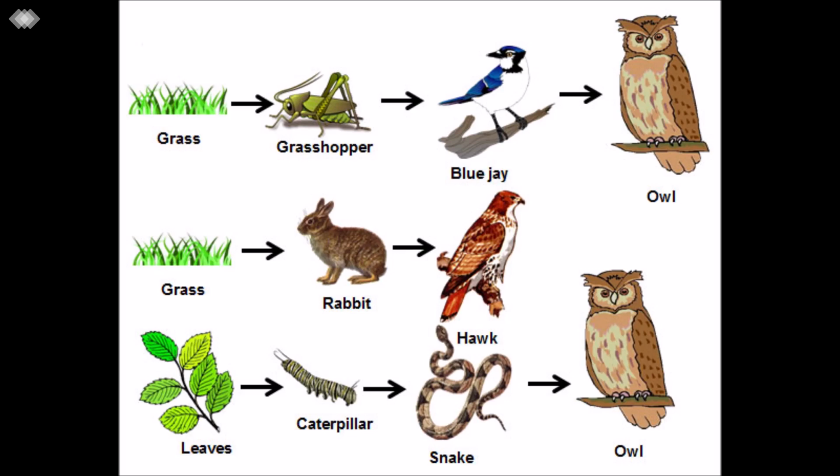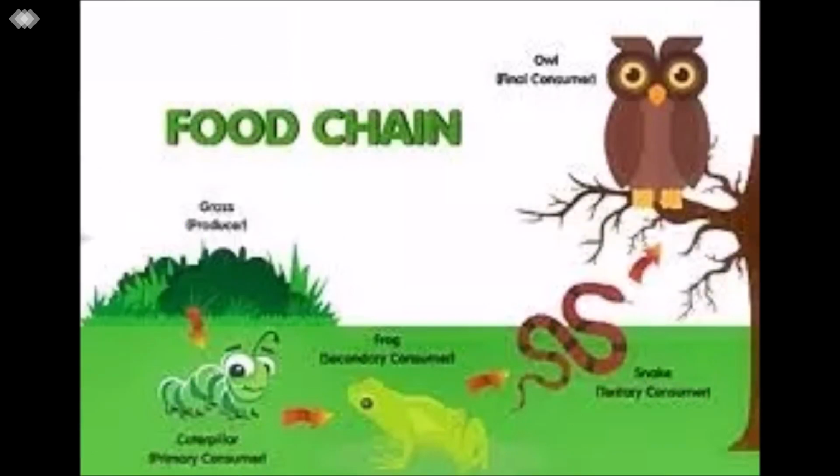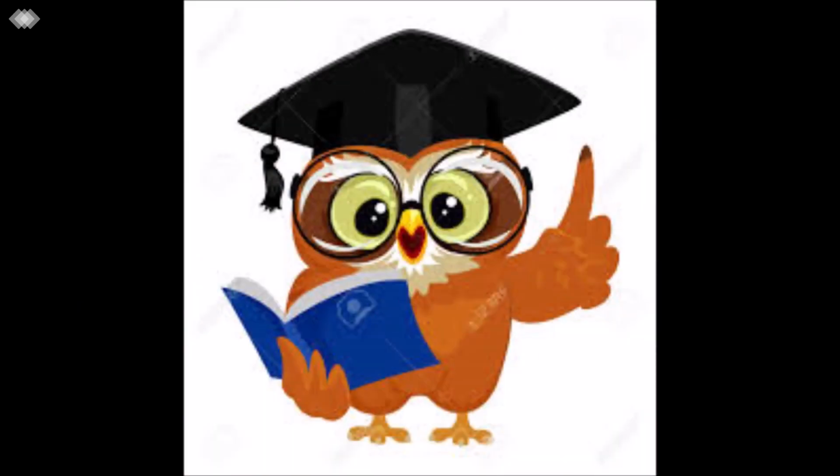So, if we continue to observe the order of the chain, we find in the second and third stages the organisms that need to obtain their food by external means, such as eating producers or other animals.